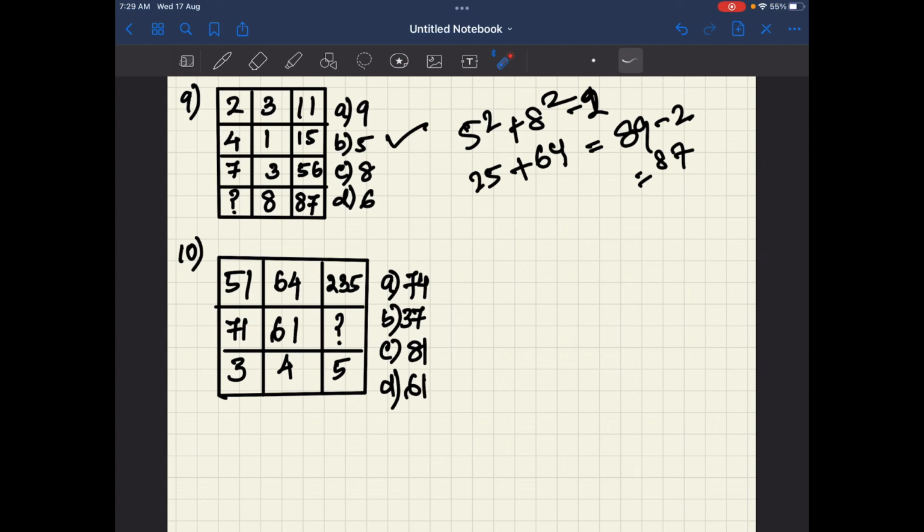So it is 74. 74 can be written as 47. So 47 into 5, 5 sevens are 35. So the answer is 74.